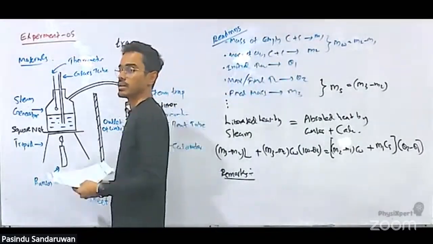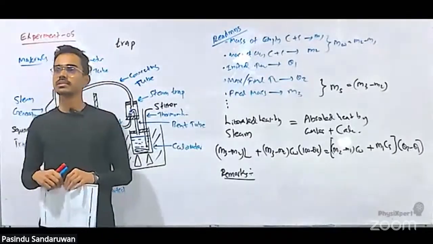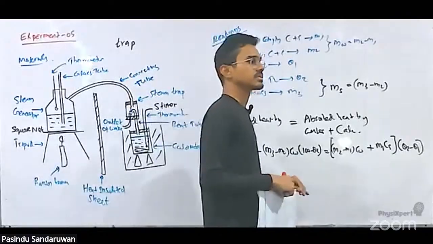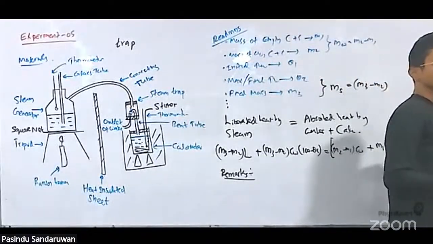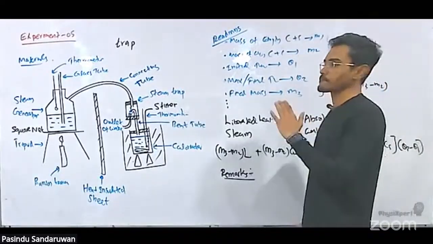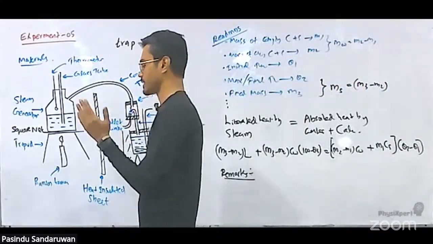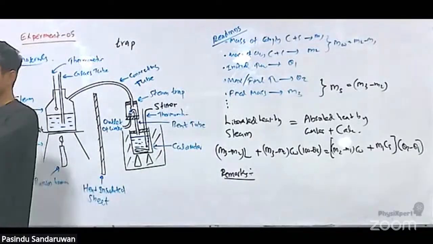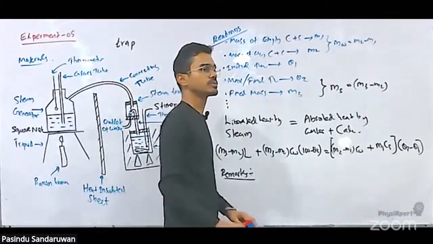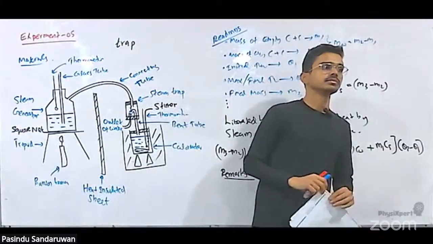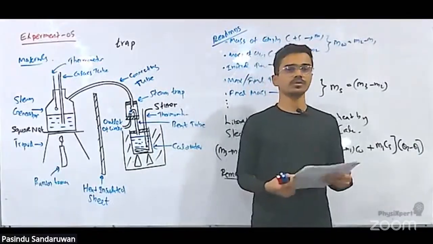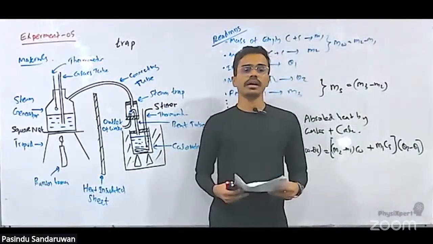Next point: a steam trap is used to segregate condensed water and steam.